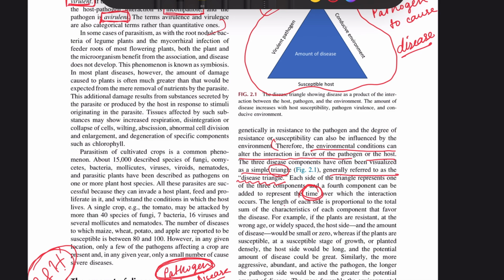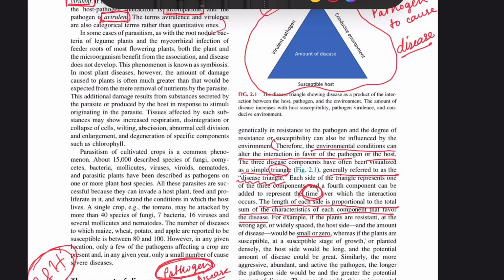The length of each side is proportional. Try to remember this. The length of each side is proportional to the sum of the characteristics of each component that favor the disease. For example, if the plants are resistant at the wrong age or widely spaced, the host side would be short and the amount of disease would be small or zero.